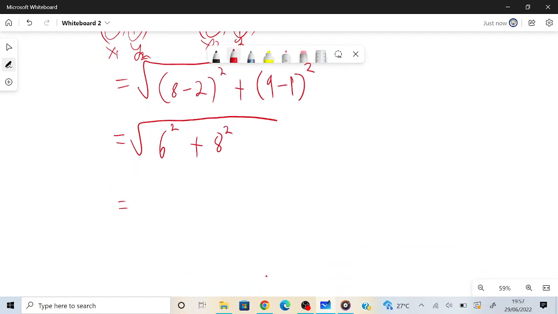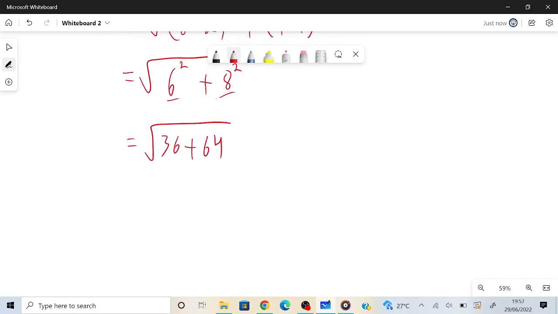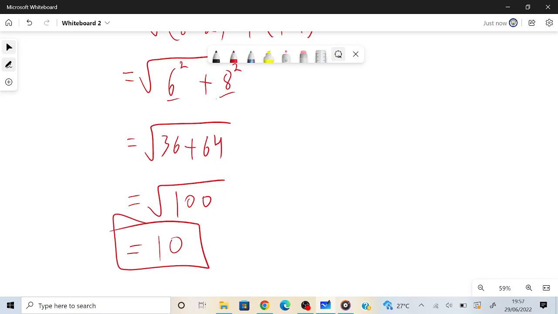Going further, this is the square root of 36 plus 64, because 6 times 6 is 36, 8 times 8 is 64. Simplifying even further, 36 plus 64 is nothing but 100, and the square root of 100 is 10, and that is your answer for that question.